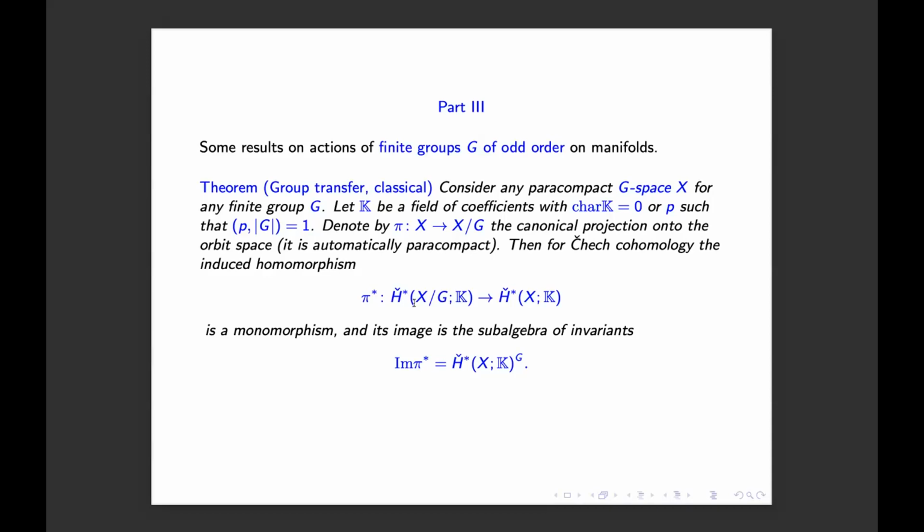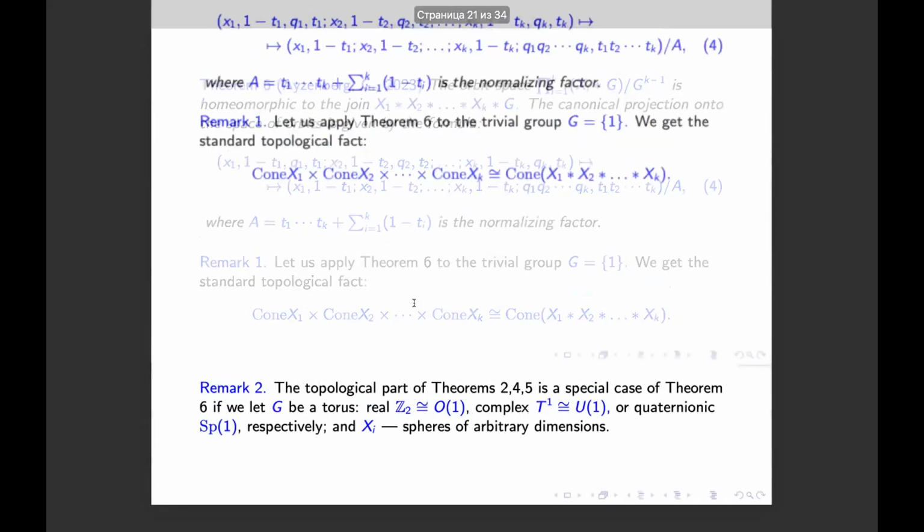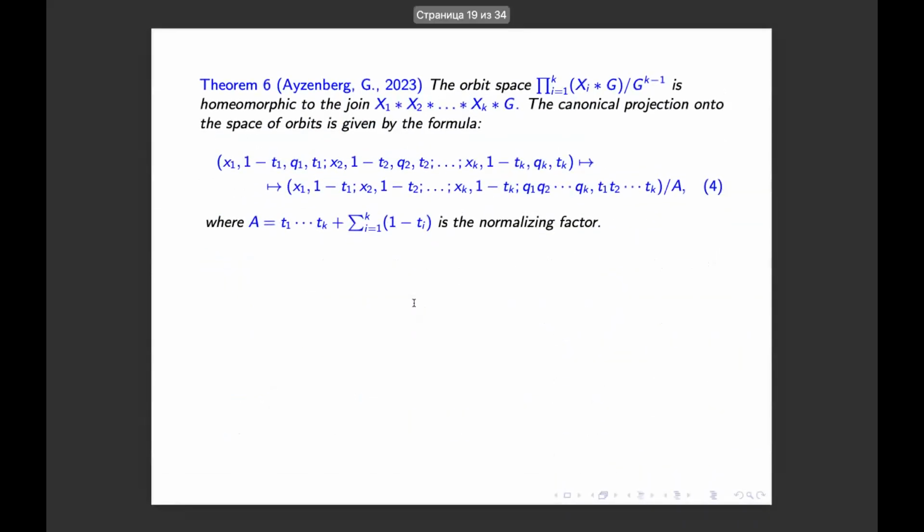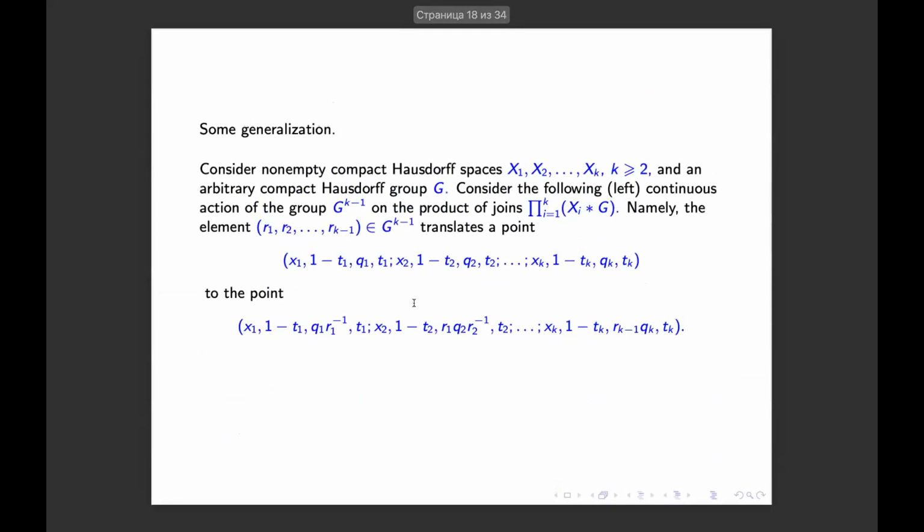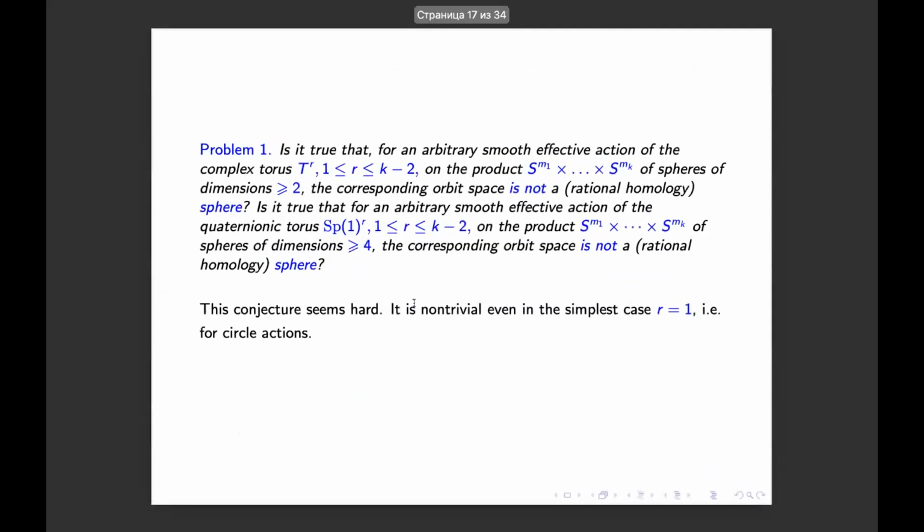And perhaps when the dimensions of your spheres are odd, the product is the moment angle complex corresponding to a product of simplices. Perhaps you know what the homology of this partial quotient is, and then you can simply compare it to the homology of the sphere and you are done, let's say. What do you think about that?